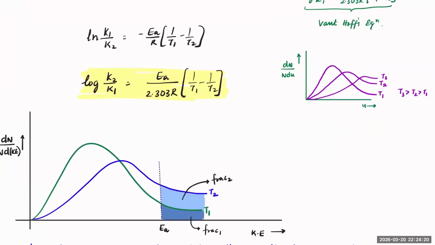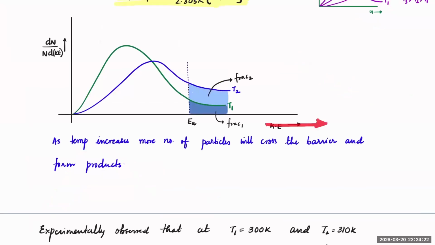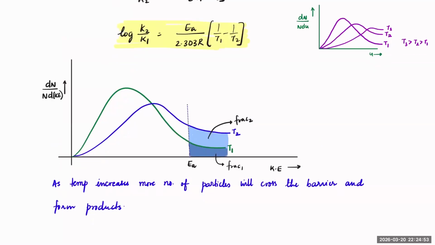So if you plot the fraction of particles at a temperature T1, this is how the kinetic energy changes. And you will notice that as the temperature increases, the peak value decreases.